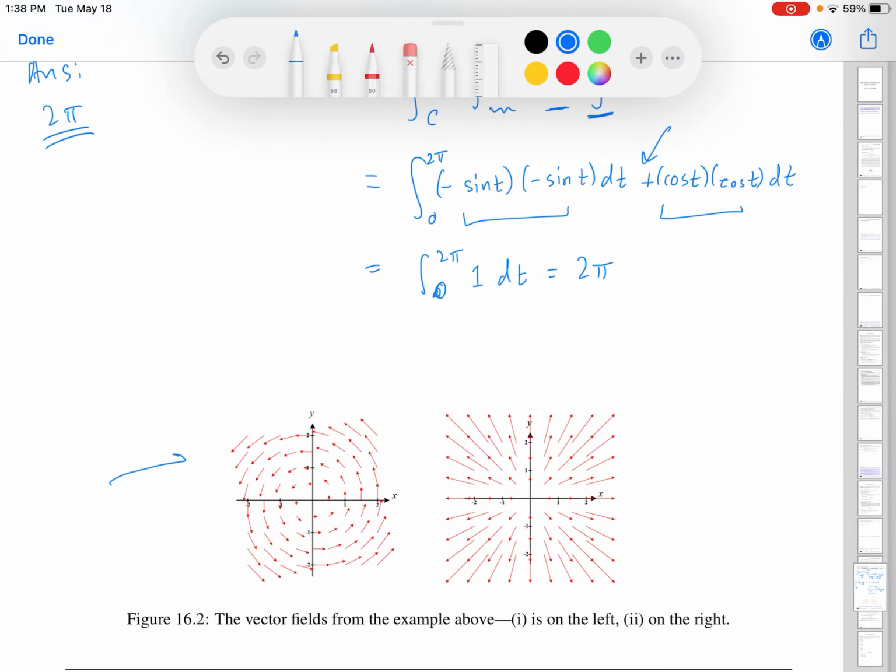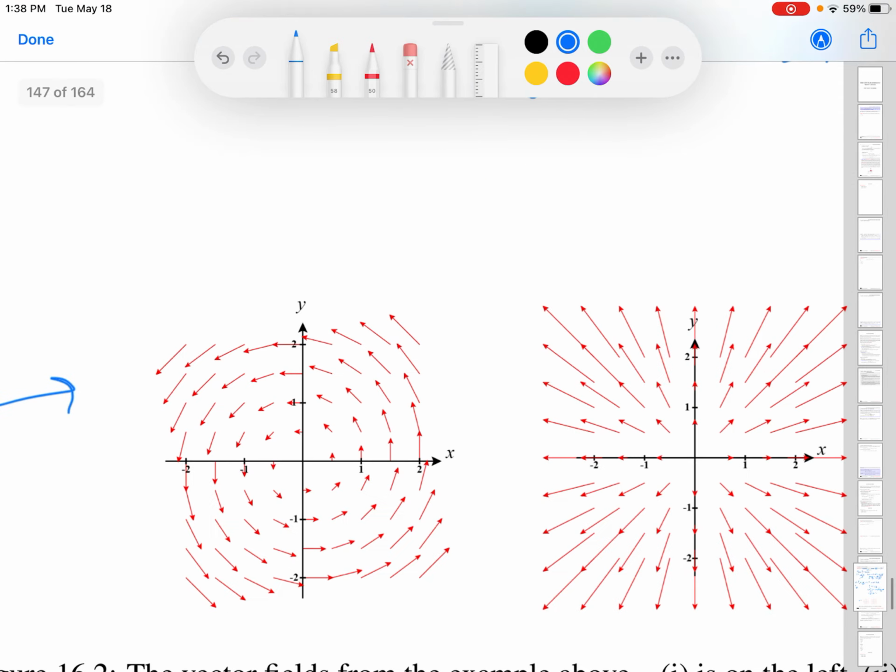But I've plotted the vector field here that we're dealing with. This is the same one we saw in the previous lesson. And so you can see if I drew any circular curve here around the origin, let's keep it in blue, this is the unit circle of radius 1.